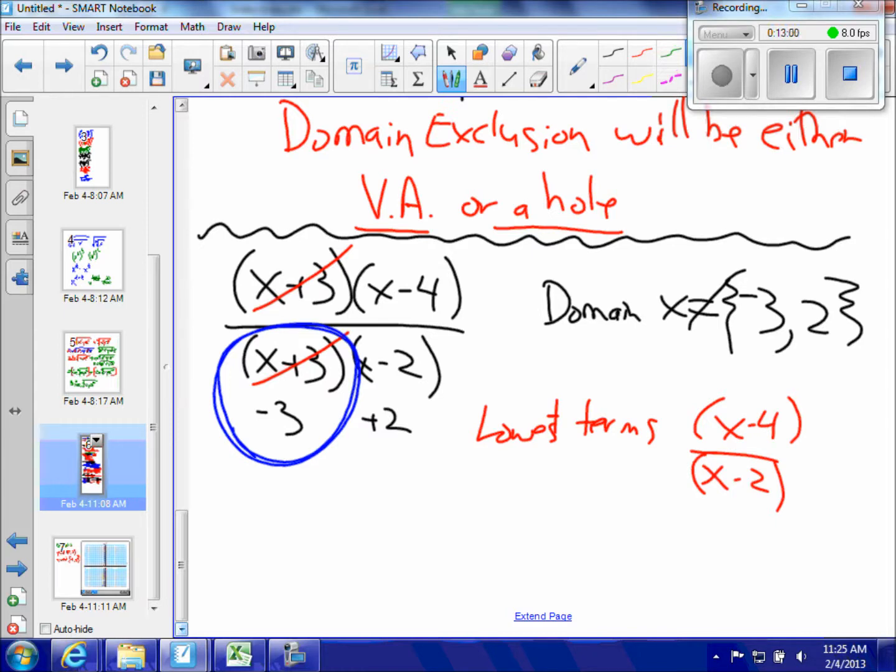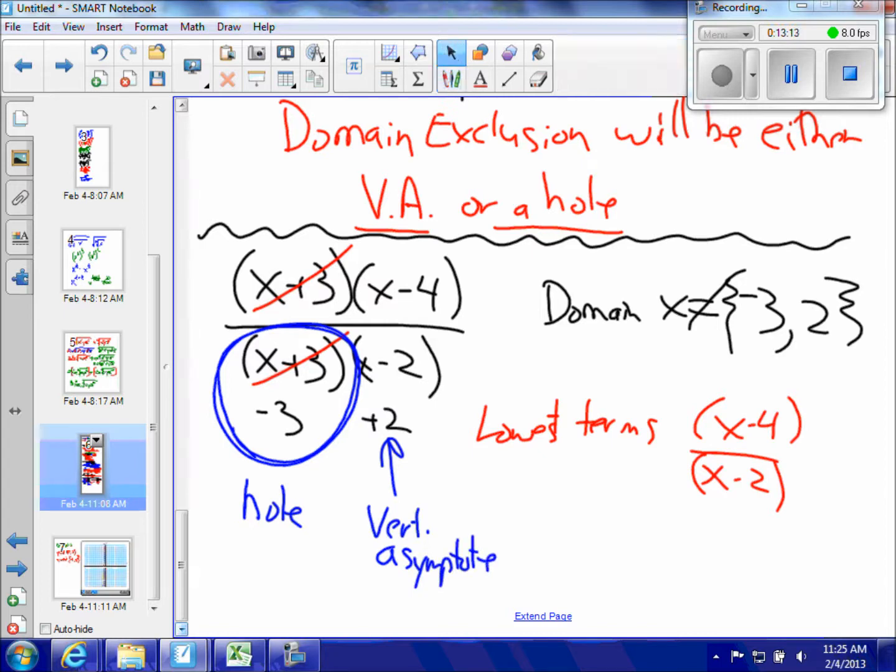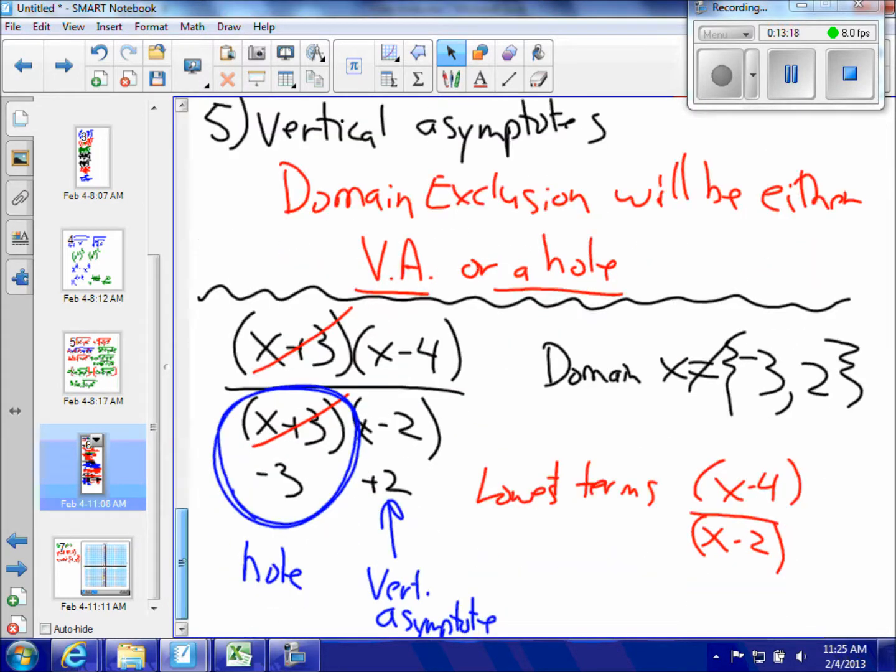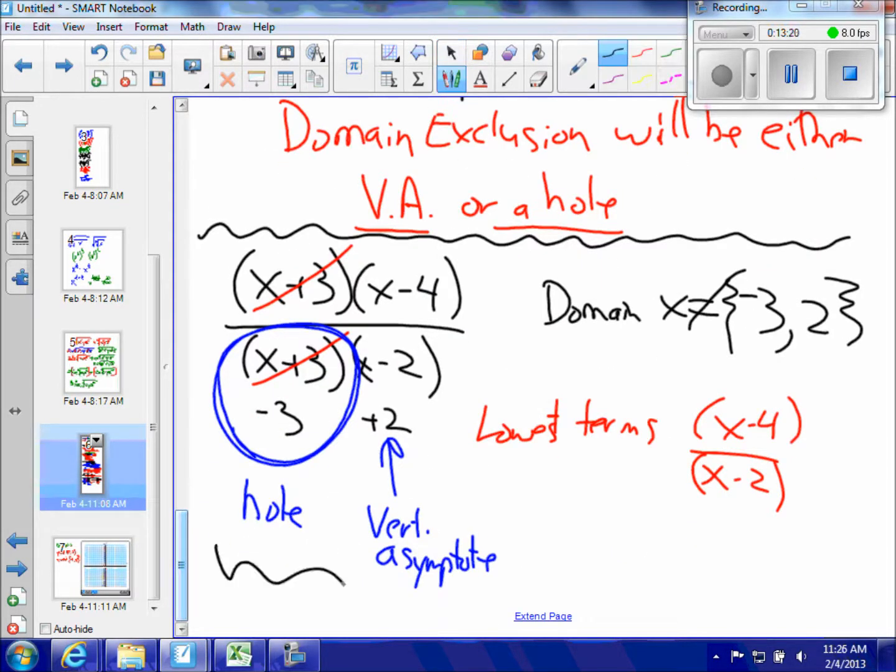So this will be a hole, and this will be a vertical asymptote. So going back to my function, let's make a little squiggle line here so we know this was a different problem, just as an example.